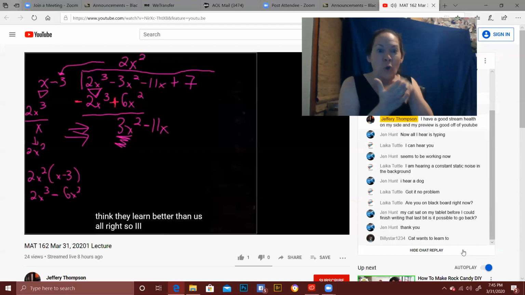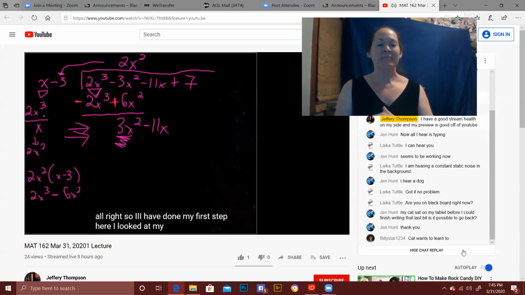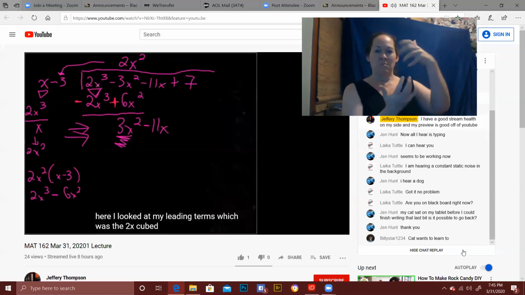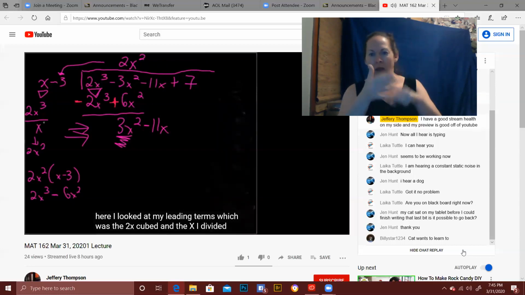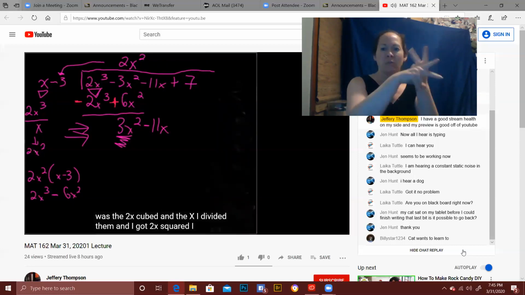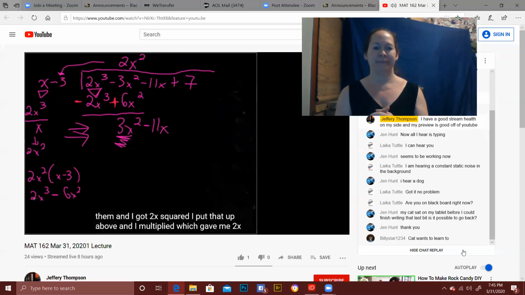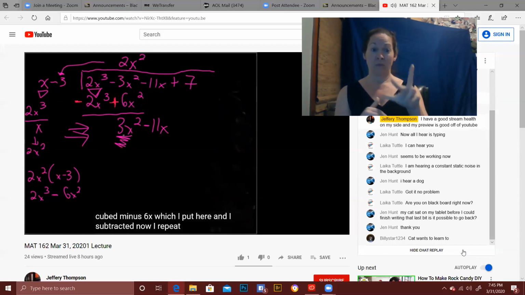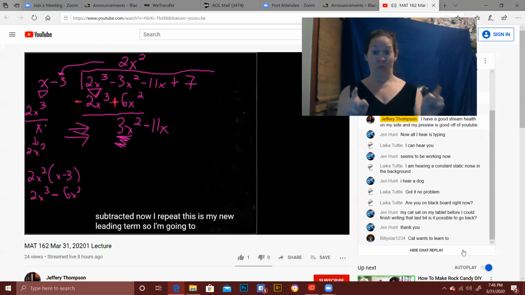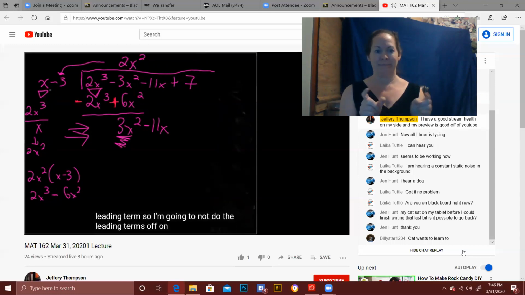All right, so I have done my first step here. I looked at my leading terms, which was the 2x cubed and the x. I divided them and I got 2x squared. I put that up above and I multiplied, which gave me 2x cubed minus 6x squared, which I put here. And I subtracted. Now I repeat. This is my new leading term. So I'm going to not do the leading terms off on the side.